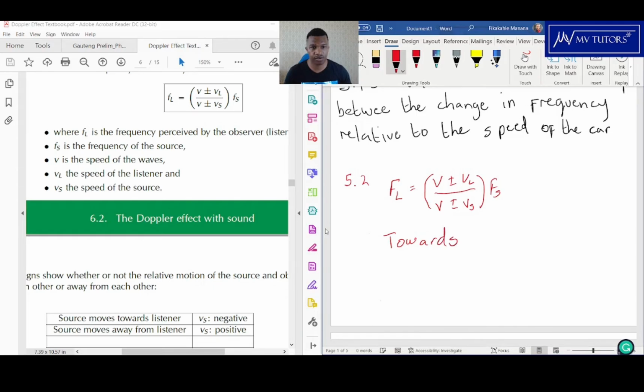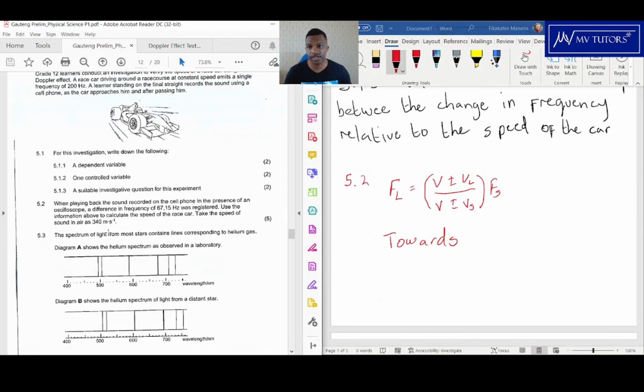Okay, we're working with towards. Now, if we go back to the question, it said it registered a difference of 67.15, but we know that the frequency of the car is actually emitting 200 hertz.